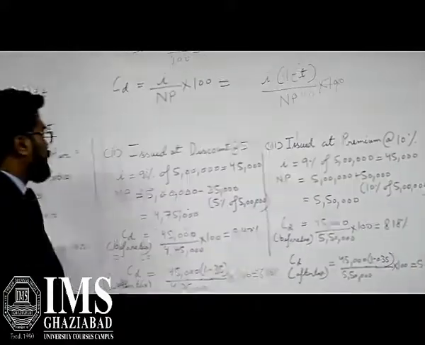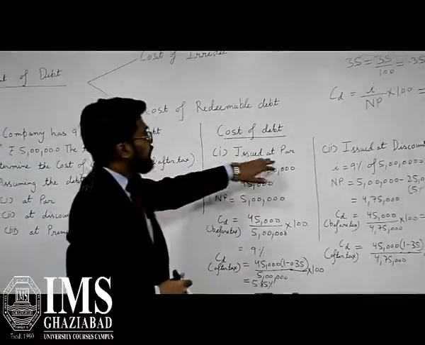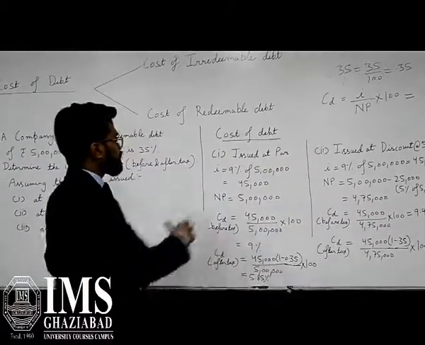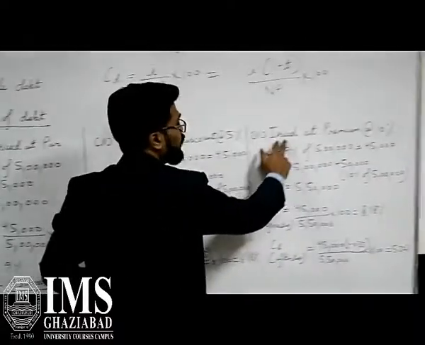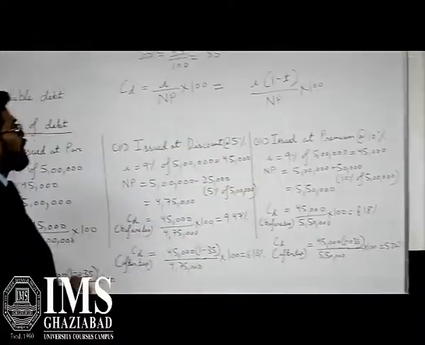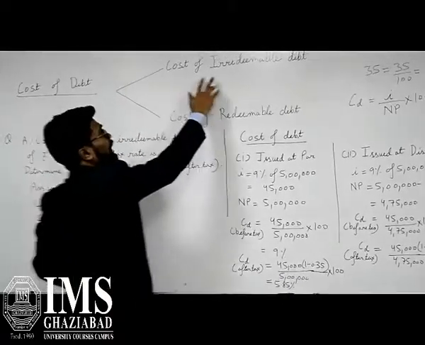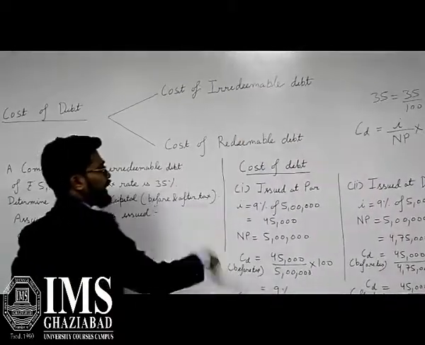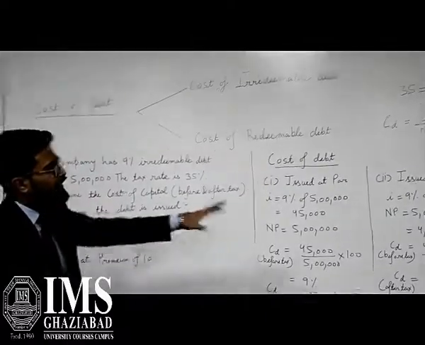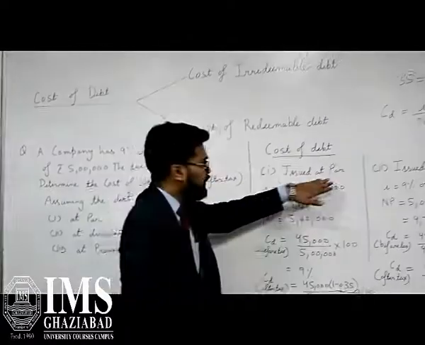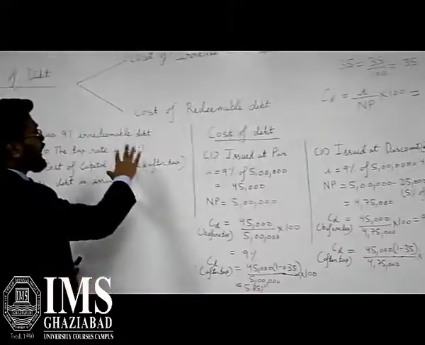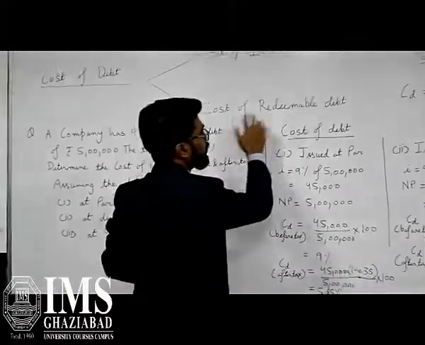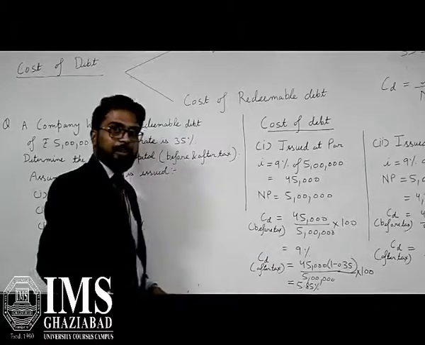So in this question we calculated cost of debt by three methods: issued at par, at discount, and at premium. For cost of irredeemable debt, we have covered all three cases. In our next class, we will discuss cost of redeemable debt. Thank you, class.